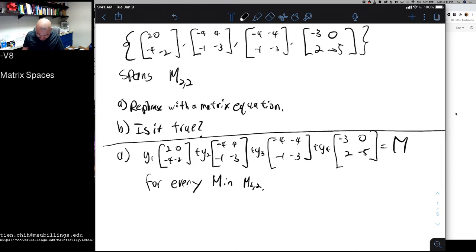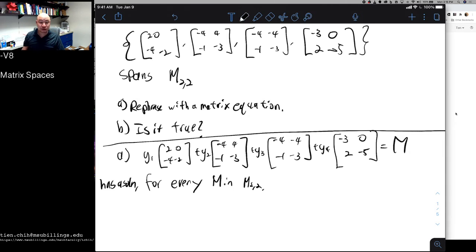And so maybe I should say it has a solution for every M in M22. That means no matter which M I pick, this matrix equation always has a solution. There's always a y1 through y4 that'll make that work no matter which M I pick.